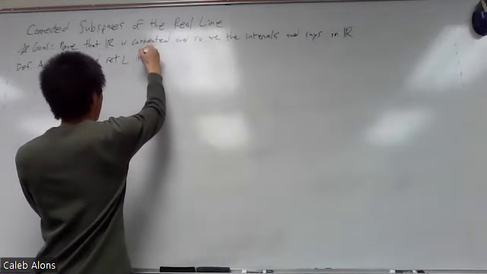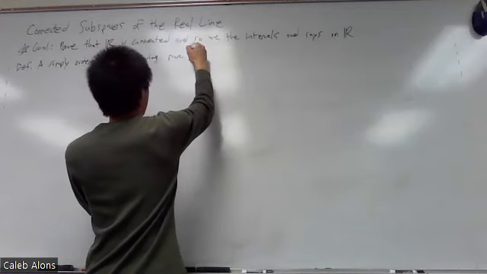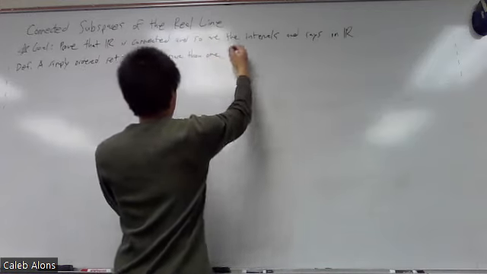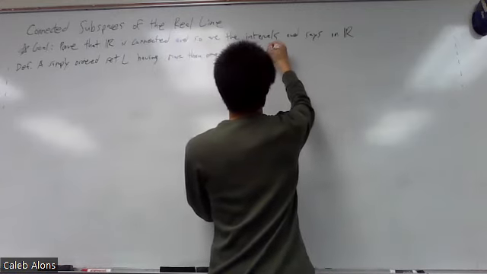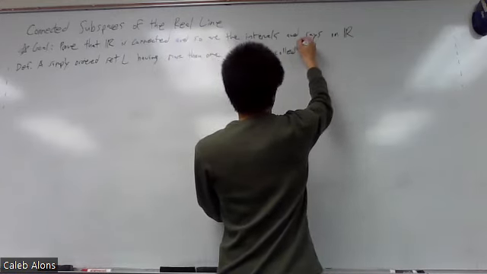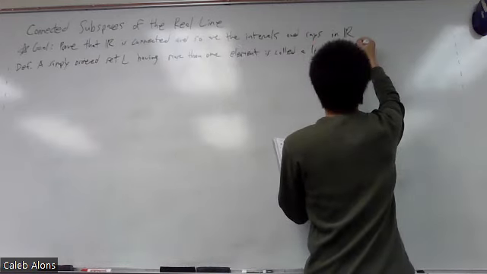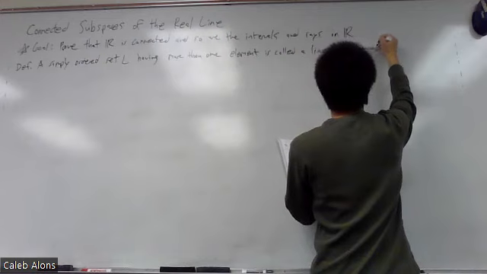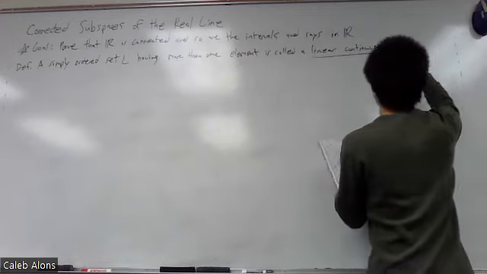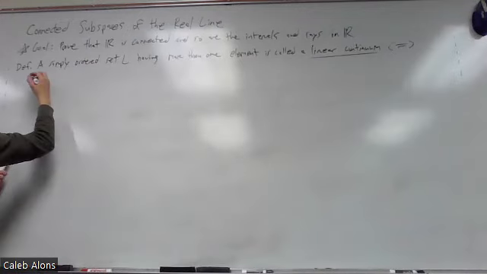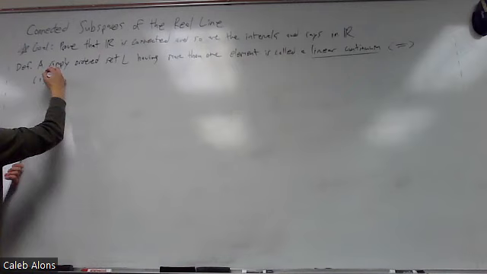A simply ordered set L having more than one element is called a linear continuum, if we have these two conditions.